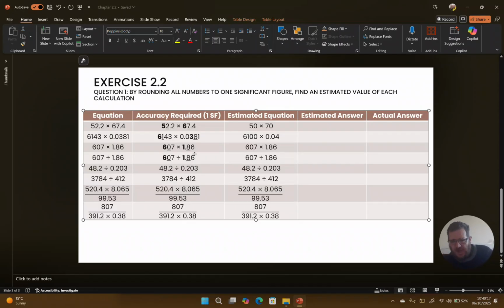So let's start with the top one, 607. Well, that is going to be 600, because we are rounding to one significant figure, not two. So it becomes 600 for both of them.